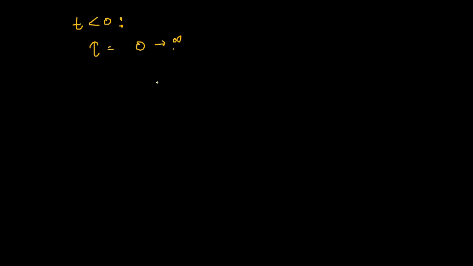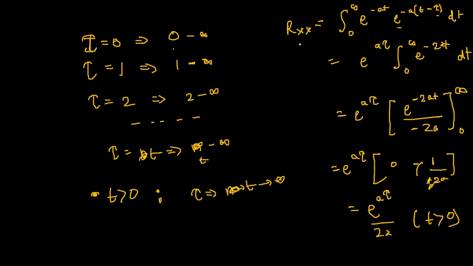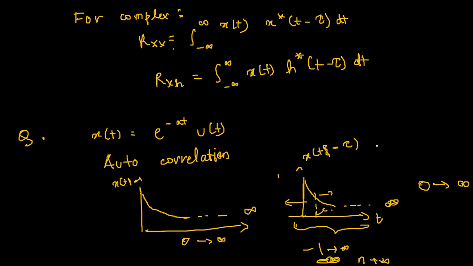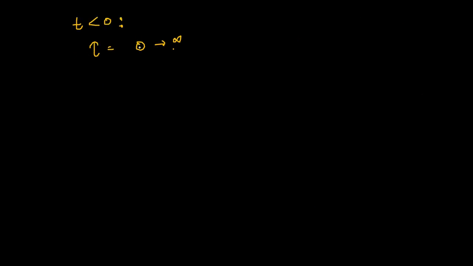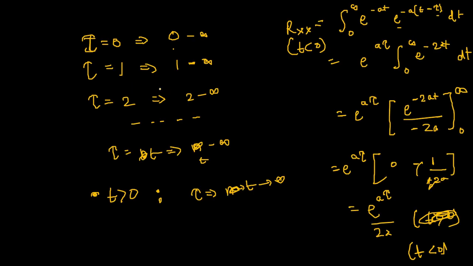So wait, I think I made a mistake here. This integration of 0 to infinity was actually for t lesser than 0. I'm very sorry. The graph is defined from 0 to infinity for t lesser than 0. So whenever we integrated the function from 0 to infinity, this was performed for t lesser than 0, and for t greater than 0, we actually found the limits to be tau to infinity, right?